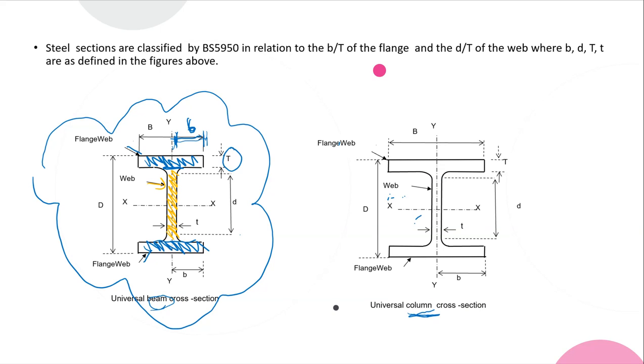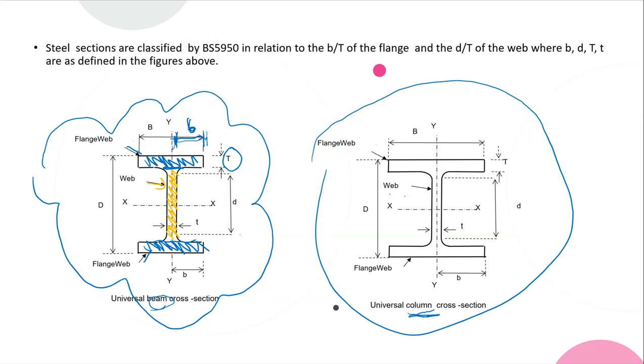Column kita akan masuk on the calculation side later on, so kita akan refer lah to this one also. Actually dia sama saja, nama-nama yang kita refer tu sama saja, but the difference is nampak ini dia lebar, column lebih lebar lah, maksudnya lebih balance dari segi tinggi dan lebar dia compared to beam. Beam you will see the beam is higher, but the width is smaller than the height.